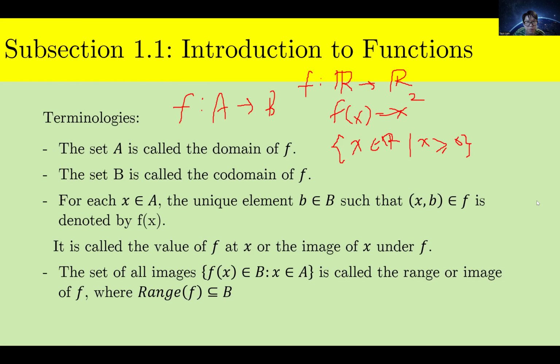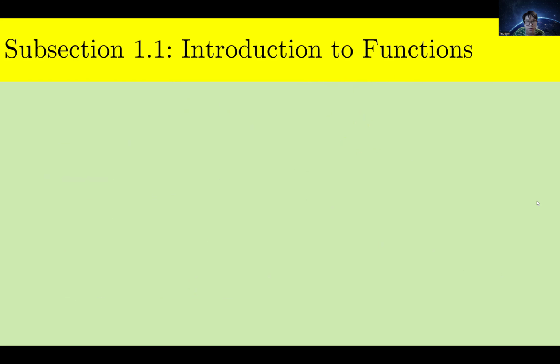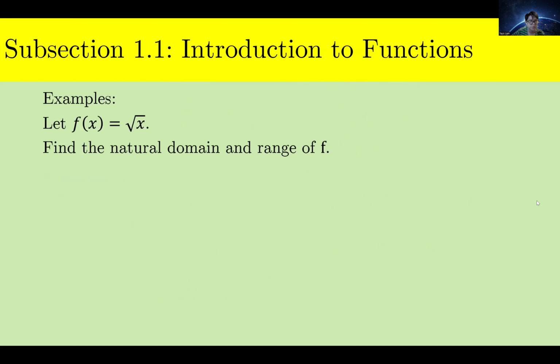Because there's a restriction, it's a part of R, but it can also be all of R. Like if I define x cubed, it's not a proper subset but exactly equal to R. So first example, let f(x) equal root x, so find the natural domain and range of f.